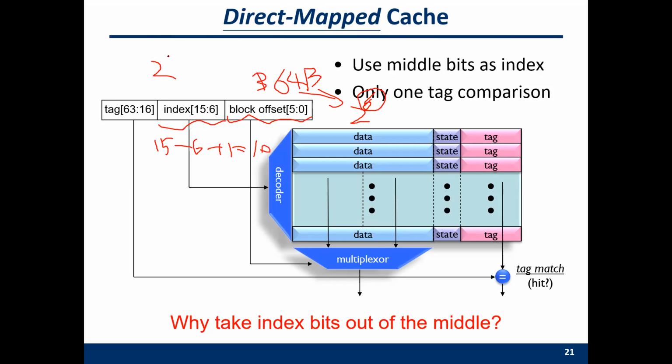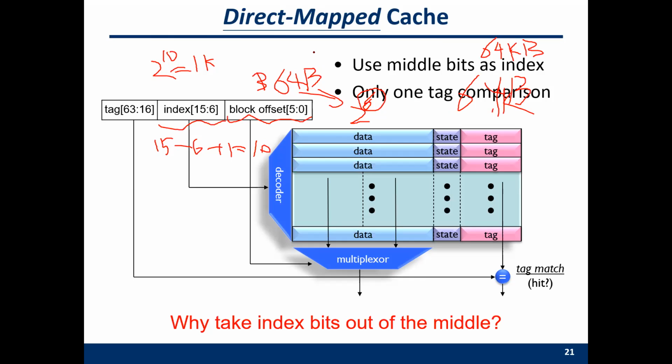With 10 bits, we can index 2 to the 10, which is 1K cache lines. Each cache line is 64 bytes, which means that the total size of this cache is 64 kilobytes. So this is how we can calculate the size and the address index of the direct mapped cache.